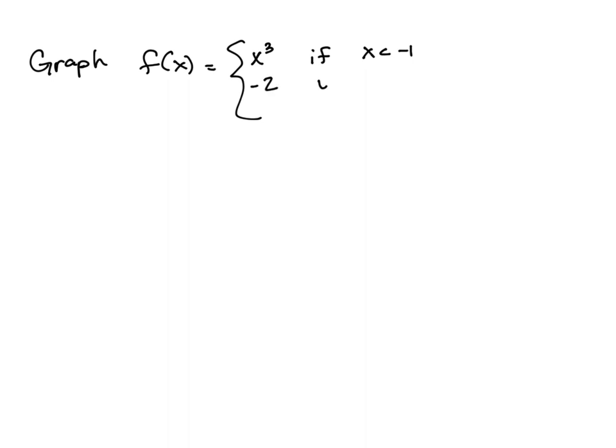It says graph. This is the try it that goes with the last example. Graph f of x equals, and we've got our 3 problems here, x cubed if x is less than -1, f of x equals -2 if negative 1 is less than x is less than 4.